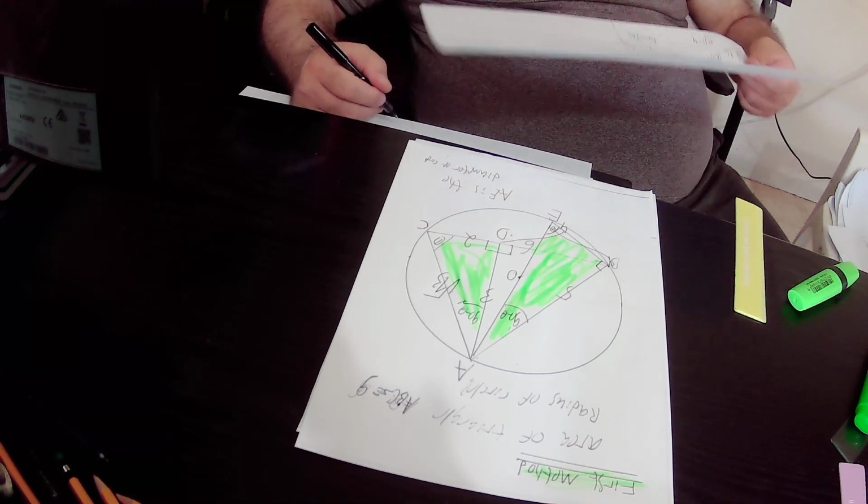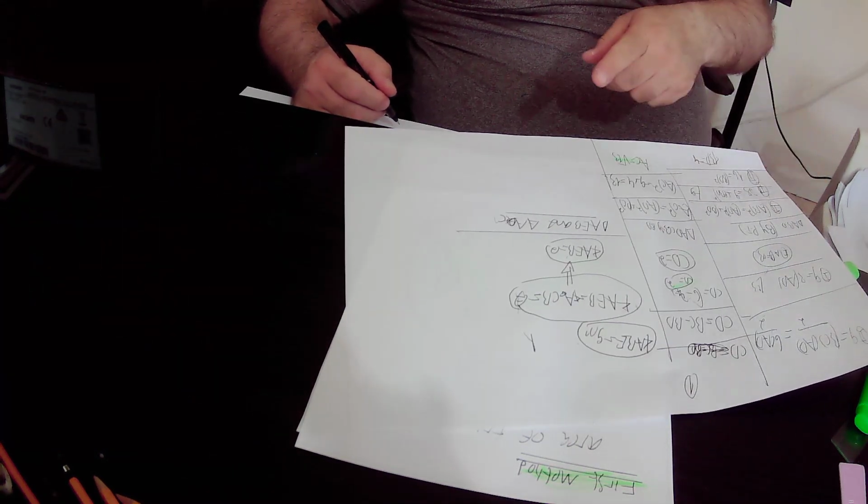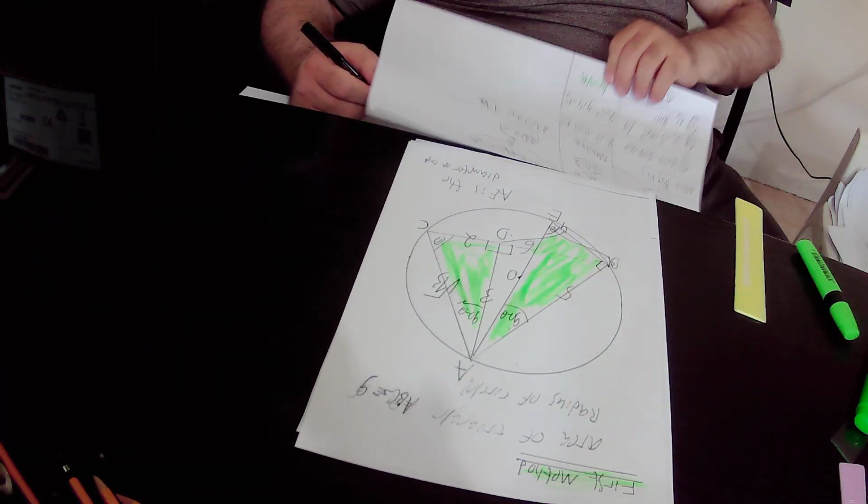Repeat again, we prove that the right green triangle ABE is similar to the right green triangle ADC.